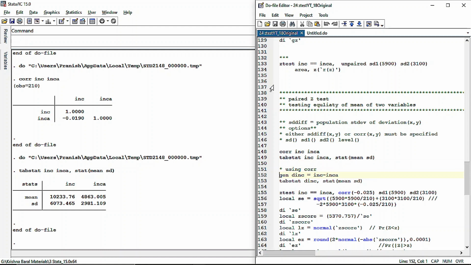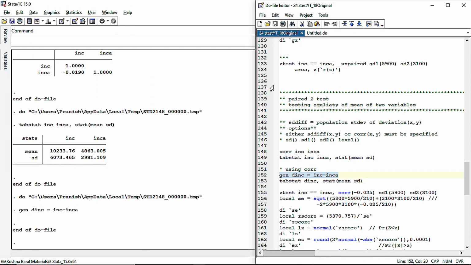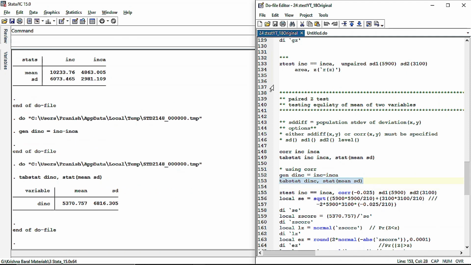First of all, we are creating a variable called difference, and we will use this variable to calculate our z score. Its mean is 5370.